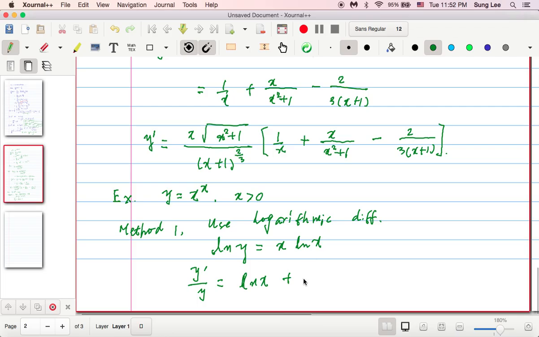So x cancels out, we have 1. So this implies that y prime equals y, which is x to the power x, times ln x plus 1. So that's the derivative of x to the power x.